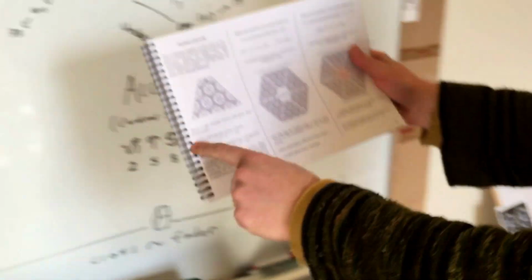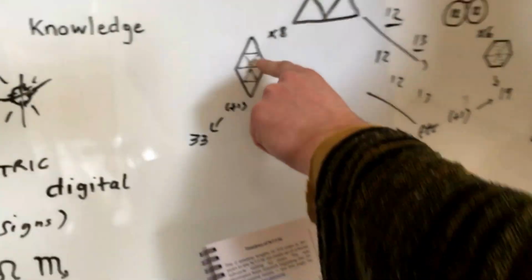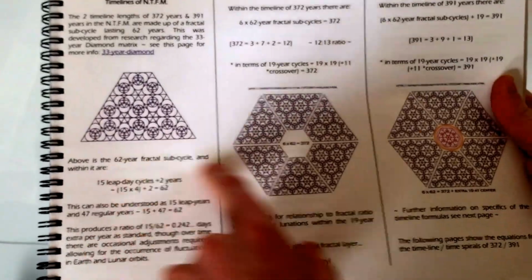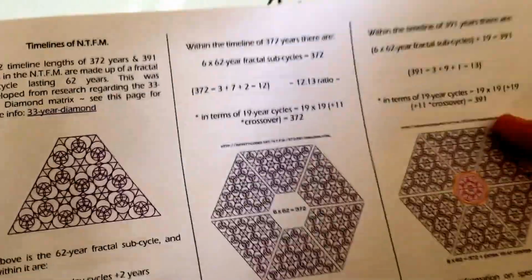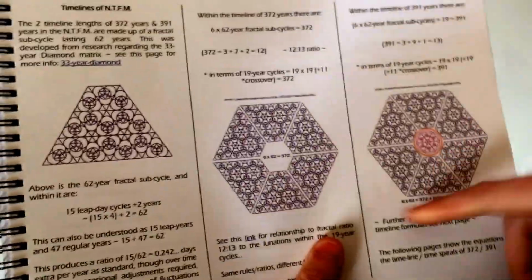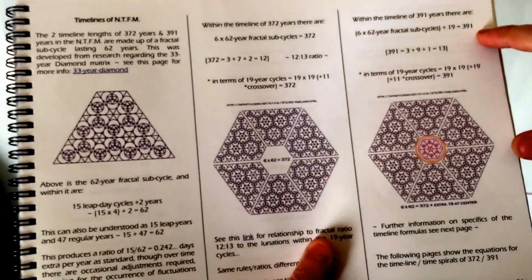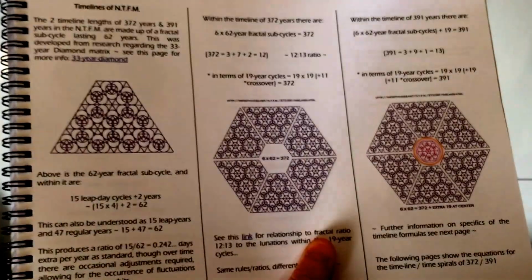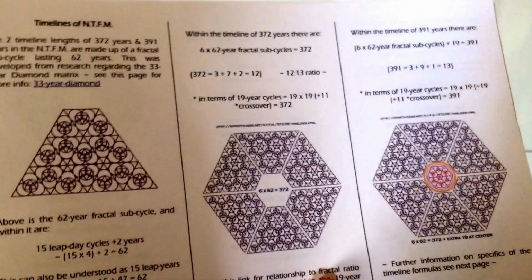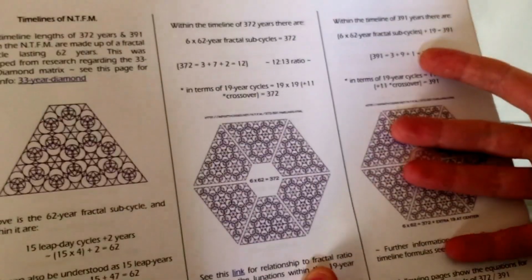This is all based off of this, and from this grew this. This is the 62-year subfractal, and then this is your book, called... this is the crescendo of my book with the 372 and the 391 timelines. I've mapped these over the 20,000-year cycle and shown that the formulas fit. This is a result of massive spreadsheet work.